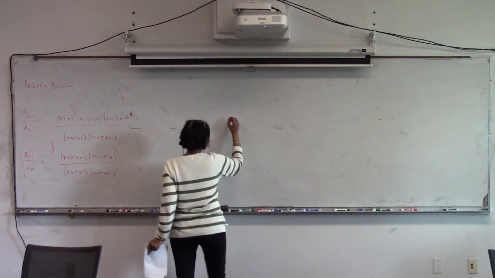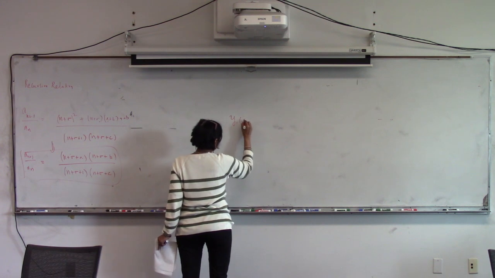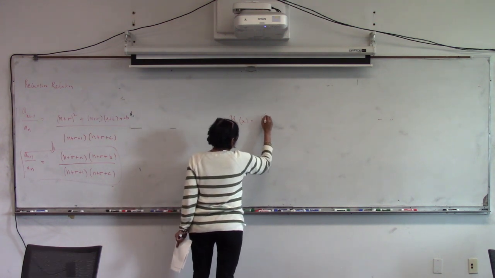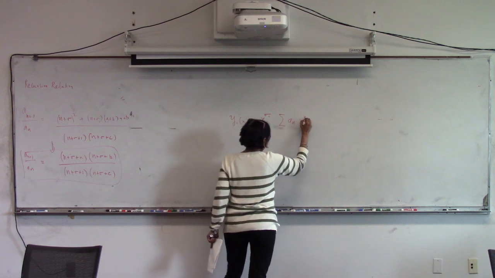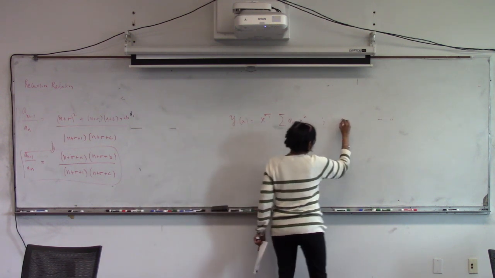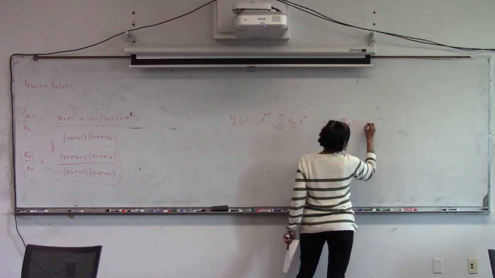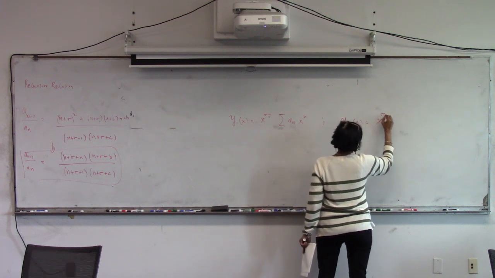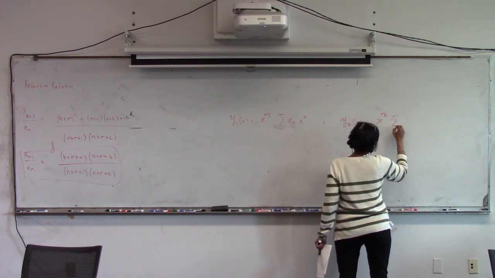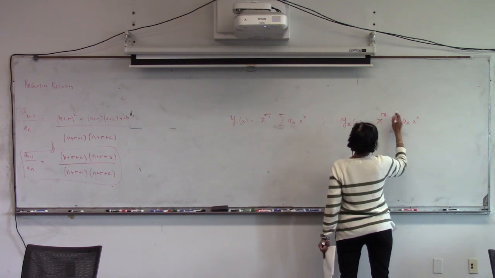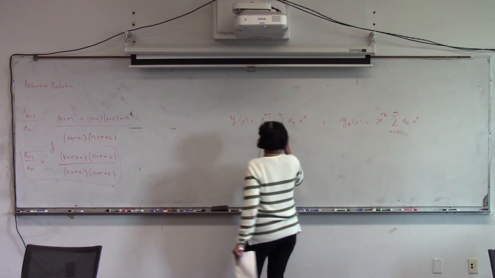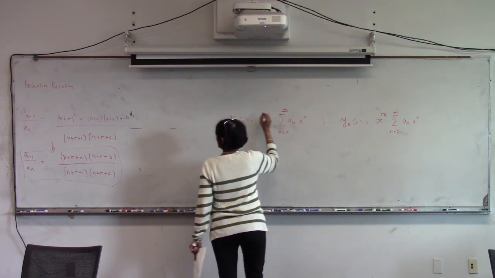So what I have is the following. y1(x), the first solution is... the second solution has to be x to the power sigma 2, a_n x to the power n, with n going from 0 to infinity.